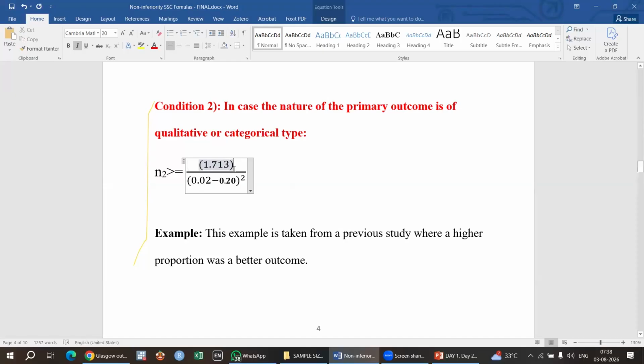Please do below this. Now the denominator, what will it be? 0.02 minus 0.2, very good. That is 0.18. Take the square. Please give me the answer of the square. 0.0324, okay.